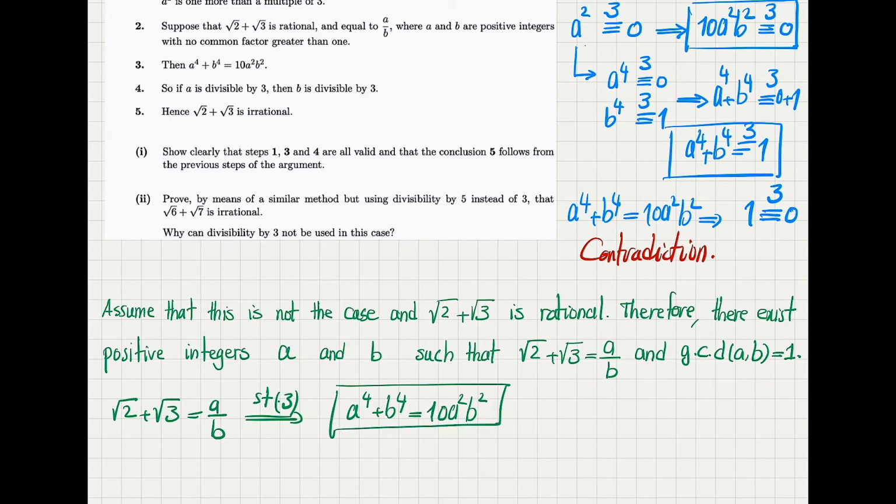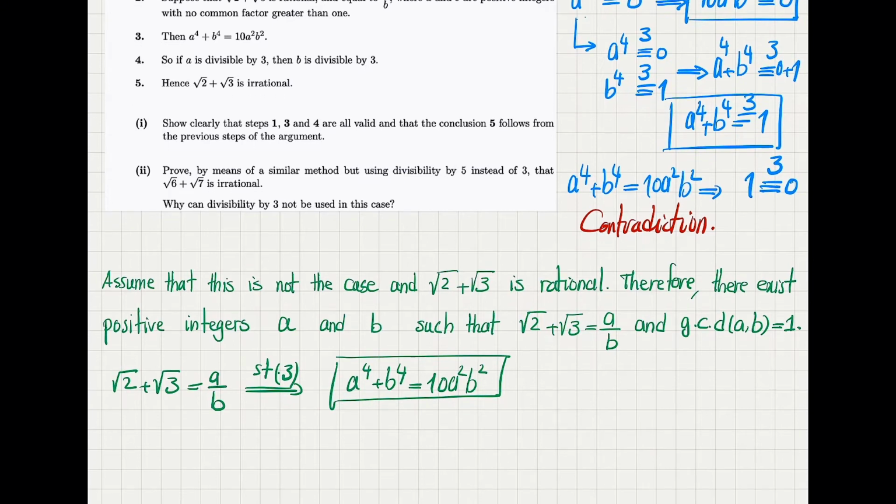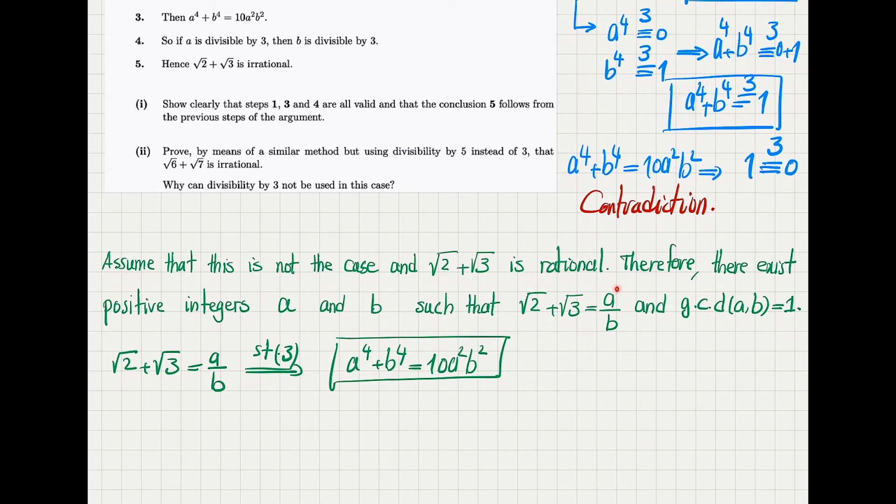So we know that this is the case. But on the other hand, just look at this fraction. This fraction gives us a pair of integers a and b. For the time being, consider only a and b.